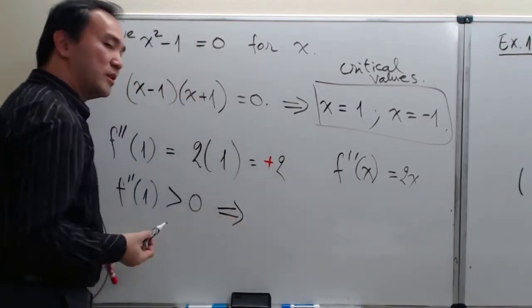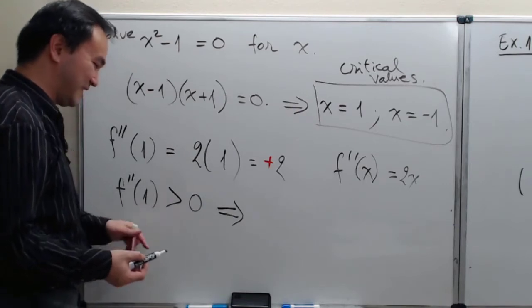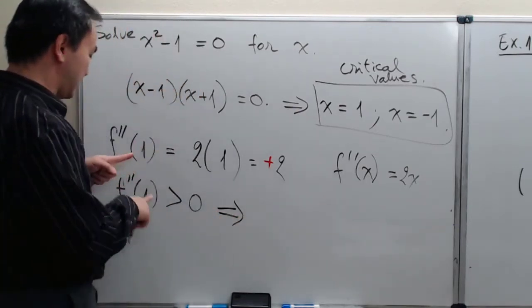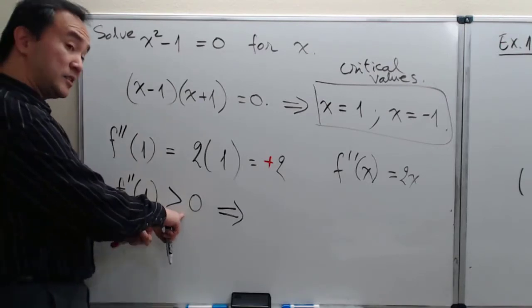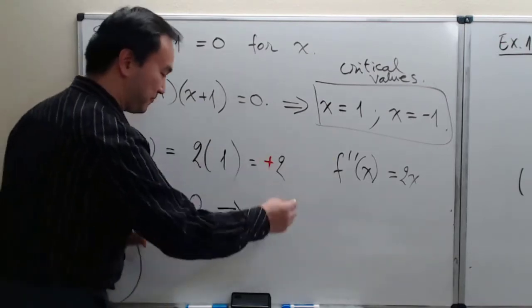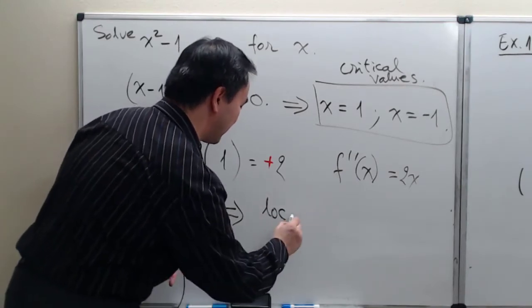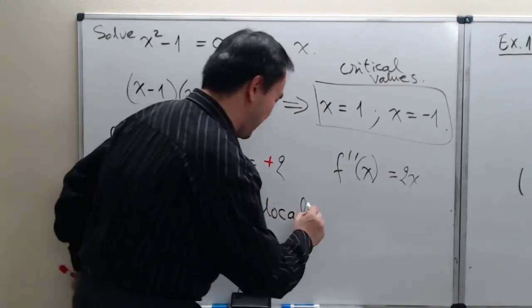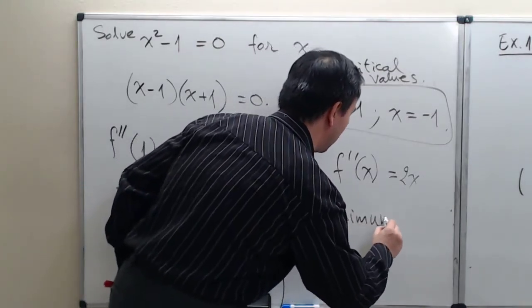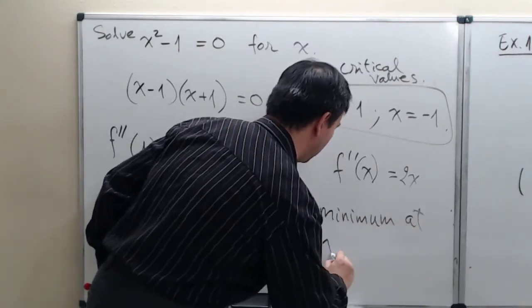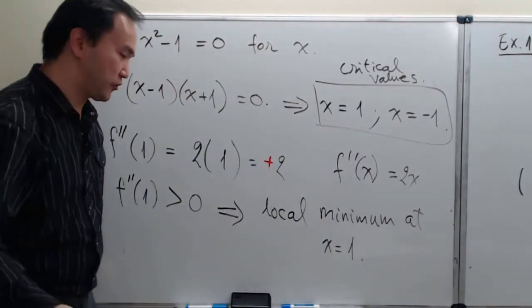According to the second derivative test, if the second derivative at a critical value is positive, the graph points up, which means we have a local minimum. We have a local minimum at x equals 1. That's one thing I know for sure.